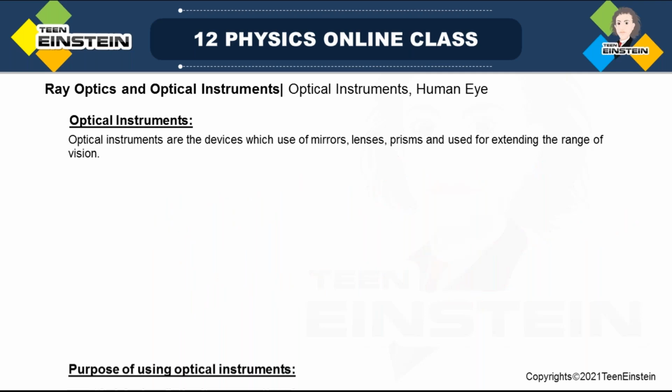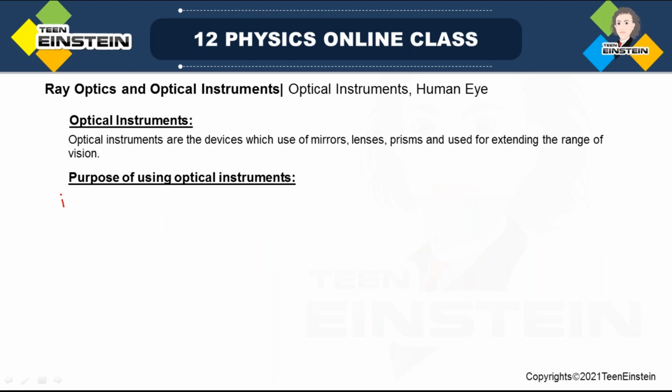Anyway, so these are optical instruments, and we'll see the purposes of optical instruments. The first purpose is to form an image of close lying objects at the least distance of distinct vision. That means if something is very near to your eyes, you cannot see it. It has to be pushed a little distance away. So in fact, it increases the range of our vision.